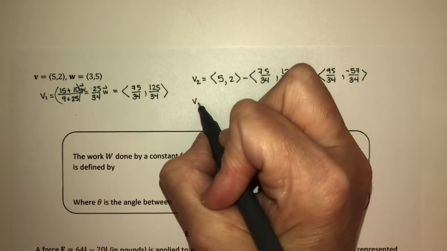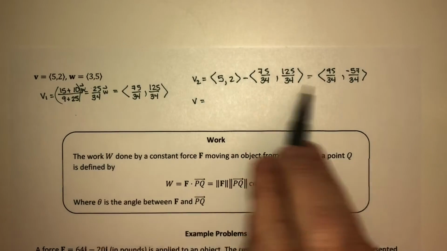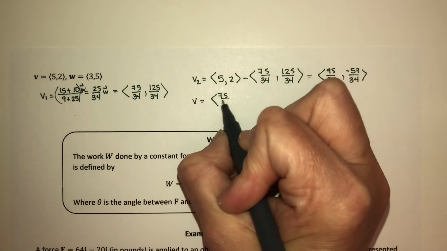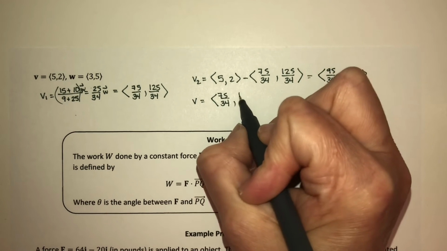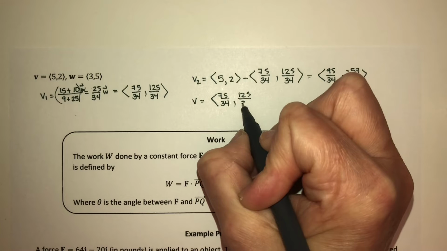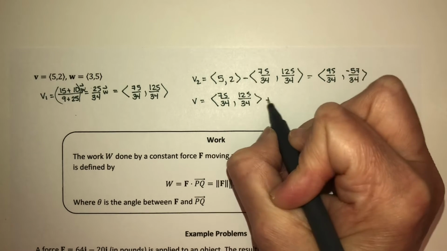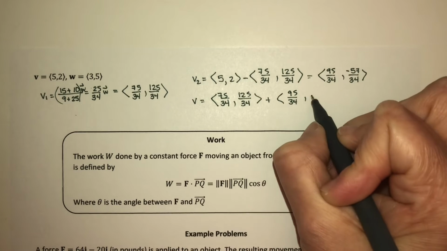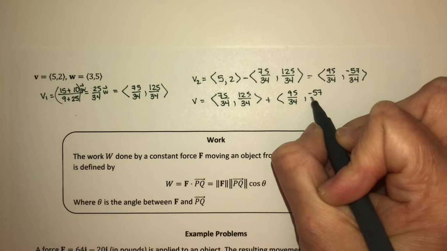So the decomposition of V is V1 plus V2. So 75 over 34, 125 over 34, plus 95 over 34, negative 57 over 34.